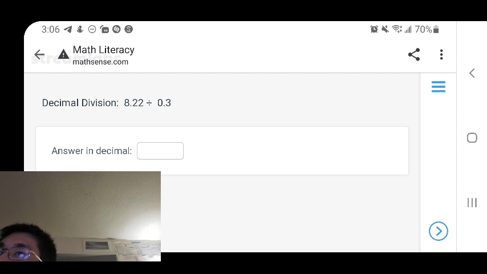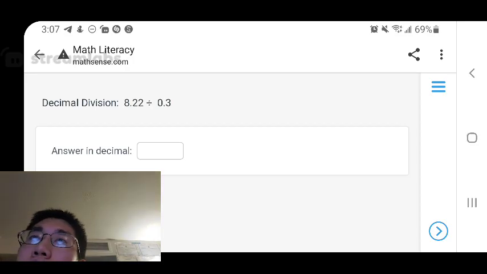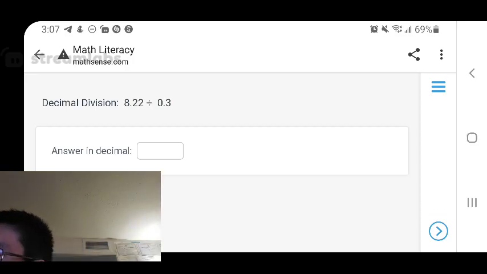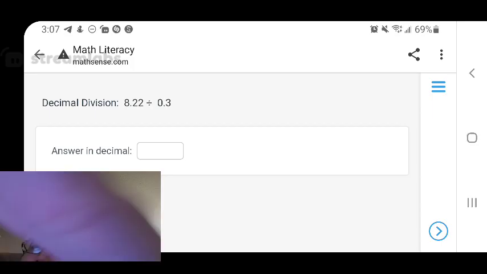I need to revert it back. Replace. Okay. Yeah, it's 2.74. 0.3. 8.22. You get 2.74. Right there.